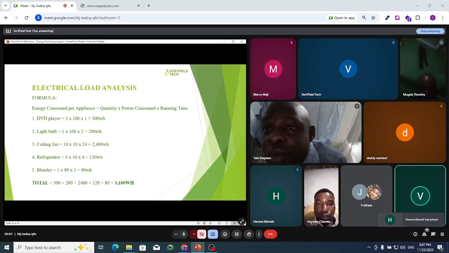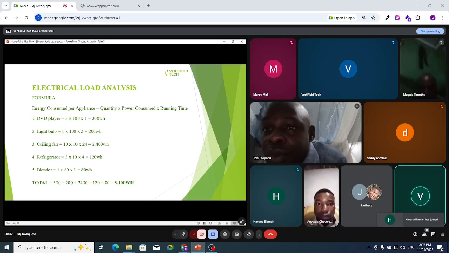So all together, adding everything up, you are going to have 3100 watt hour, and that becomes the energy need of the facility.